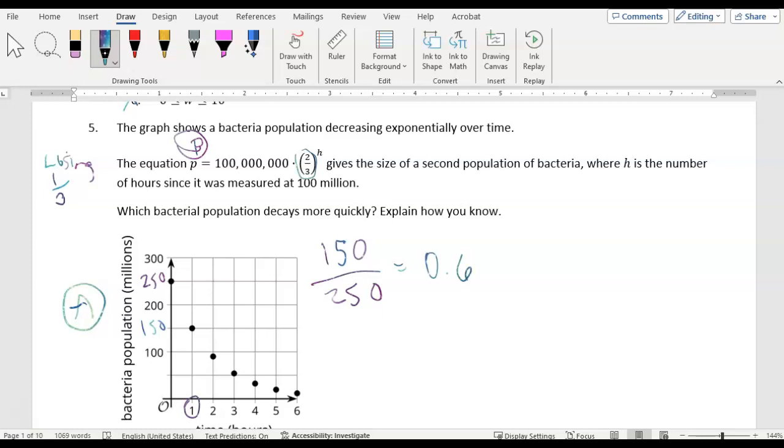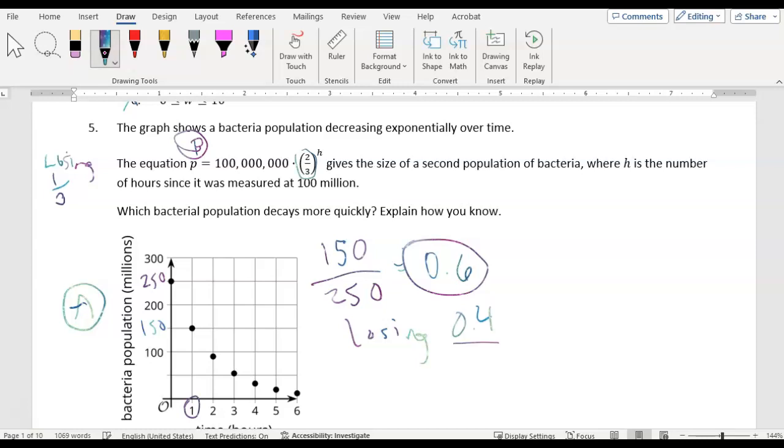So this means for this population on the graph, I'm losing 0.4 of my population each time and retaining 0.6. So here, if I'm losing 1/3, that's losing 0.33333 and retaining 0.6666.